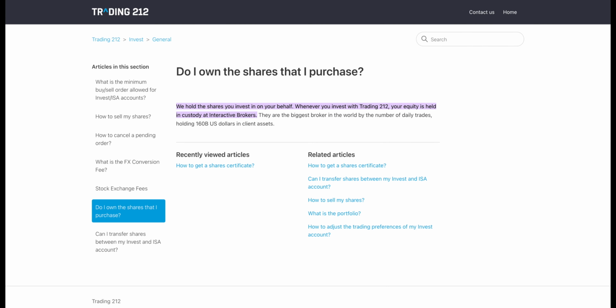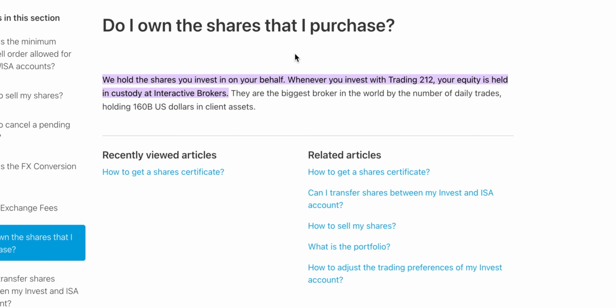And so when it comes to share ownership, there's been a lot of debates on who owns the shares, but it's very clear from this point on that the shares are under Trading 212's account. So we can see here a statement from Trading 212: we hold the shares you invest on your behalf. Whenever you invest with Trading 212, your equity is held in custody at Interactive Brokers.